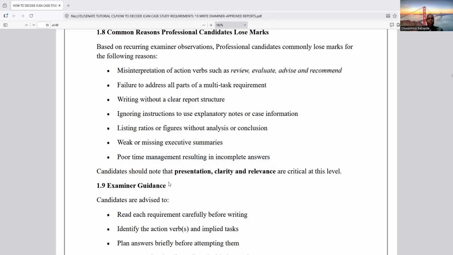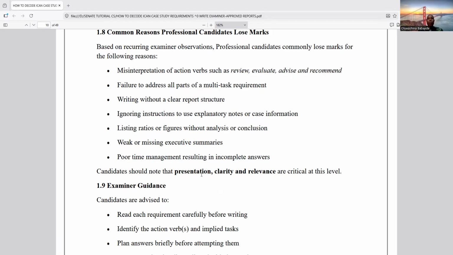Then, candidates should note that presentation, clarity, and relevance are critical at this level. Presentation is very important. You are a professional. Clarity: make sure your writing is clear. They are going to scan your paper, so make sure it's clear. If it's not clear enough, the examiner marking your paper will struggle to mark it.